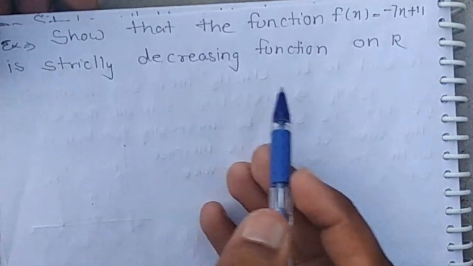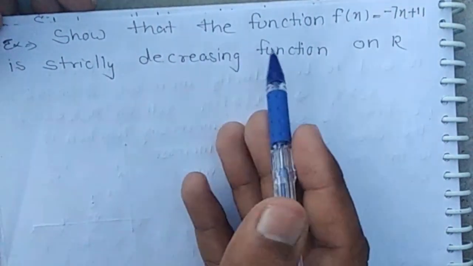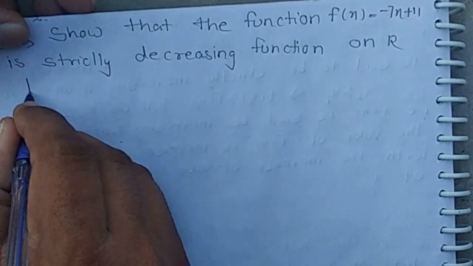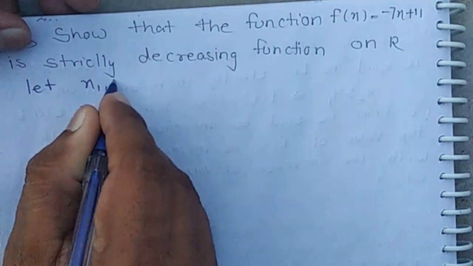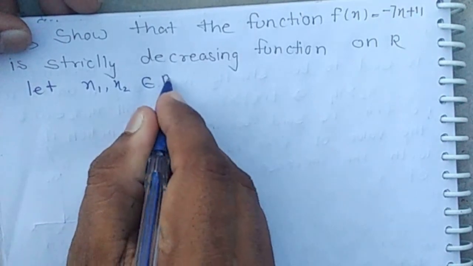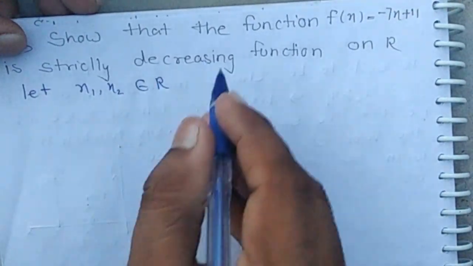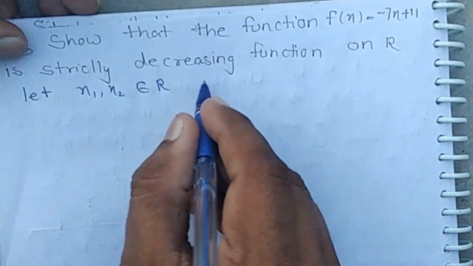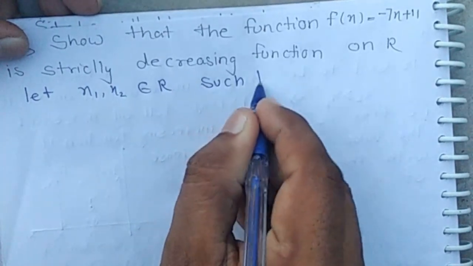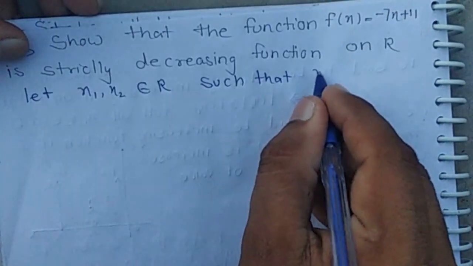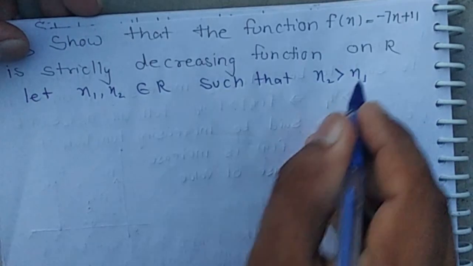Now, show that the function f(x) equals minus 7x plus 11 is a strictly decreasing function on R. Let x1, x2 be two values belonging to R such that x2 is greater than x1.